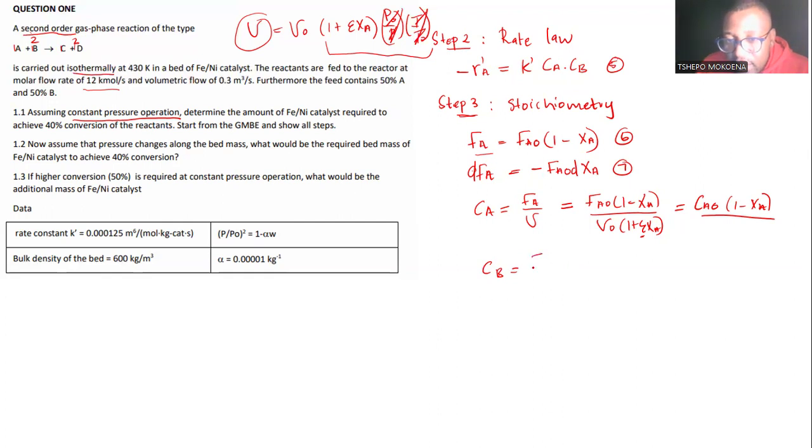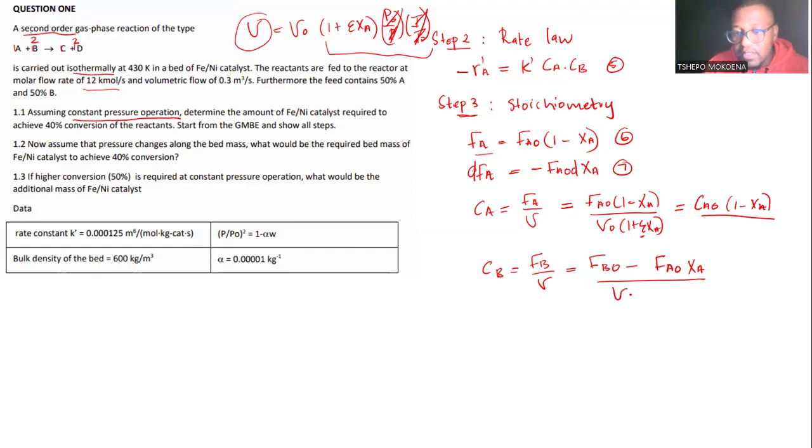So CB in this case is going to be F of B divided by the volumetric flow rate, which is equal to, now recall that when you want to calculate the CB remaining using your stoichiometry, you have to say F_B0 subtract, you look at your balanced equation, you see there your stoichiometric coefficient is going to be 1, F_A0, right? Multiplied by the conversion factor, divided by, recall that this is a gas phase reaction, and your volumetric flow rate will definitely look like this, but we won't include those two guys.